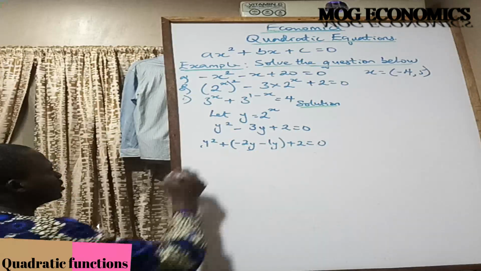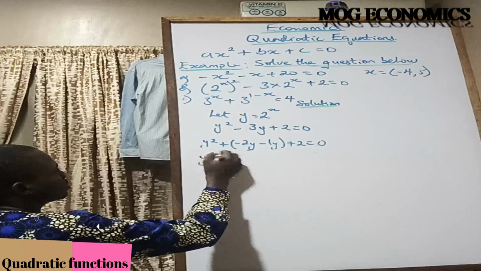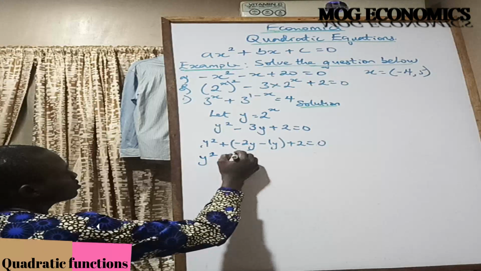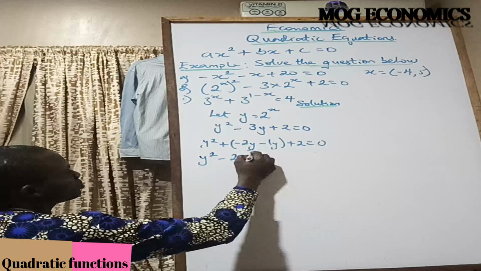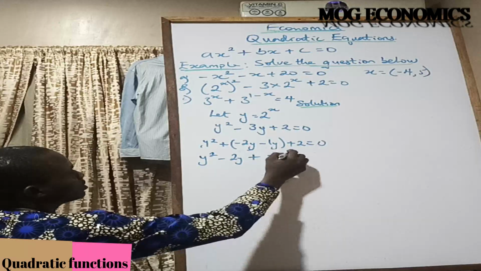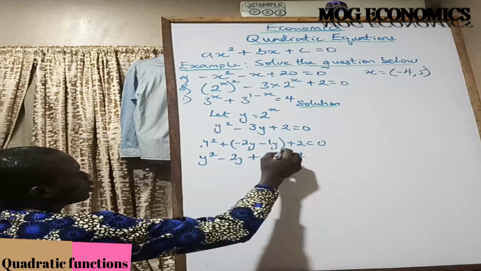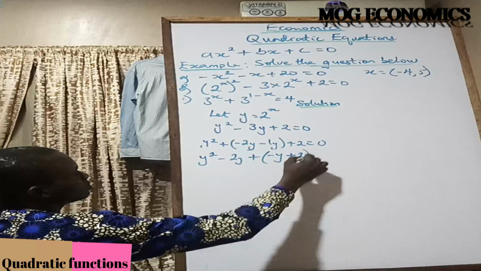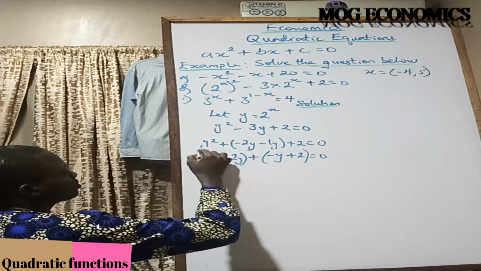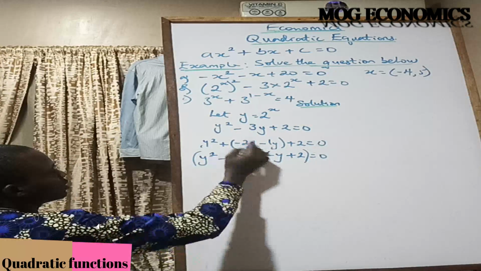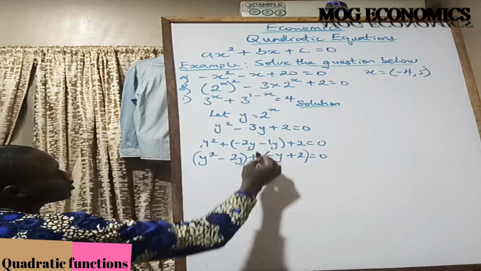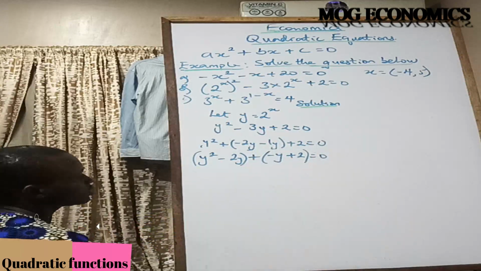If you can't think this quickly, use the general formula. Do it this way. So y squared minus 2y then plus minus y plus 2 equals 0. I guess it's easier this way. So instead of just writing minus y, plus minus y is fine.